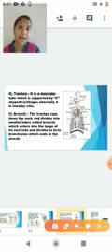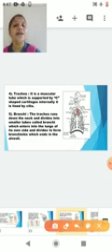Actually, the ciliated epithelium cells are called the sweepers. Just as sweepers always clean an area with the help of a broom, the same way, the cilia will keep on cleaning our respiratory system so that no dust particles enter into our lungs.